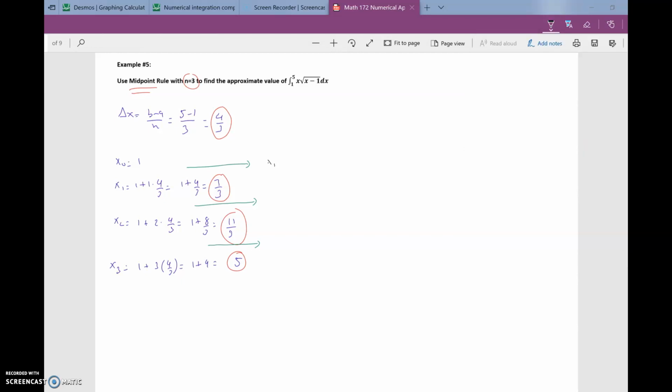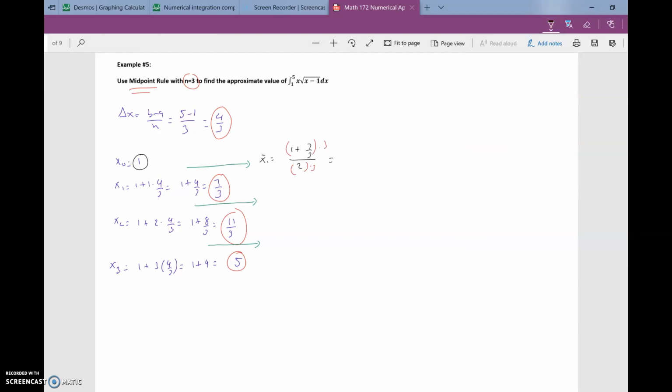Okay, so the first midpoint is going to be calculated by 1 plus 7/3 divided by 2. So we're using basically the first and the second value, x0 and x1, divided by 2. In this case, let me multiply by 3 and simplify it as much as we can.